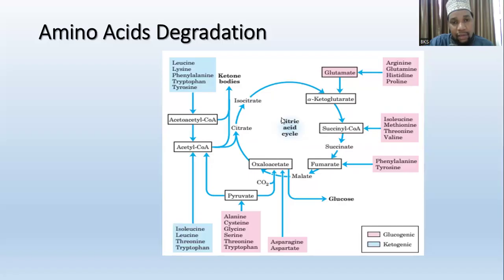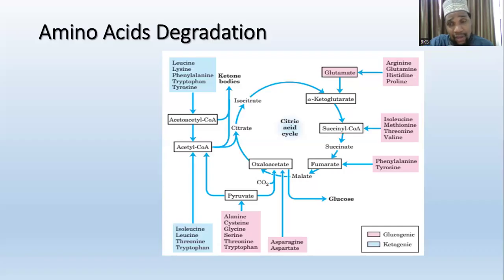In the citric acid cycle, you will know what is happening, how energy is produced as this thing is moving along the cycle, how reducing equivalents are being produced, and how these reducing equivalents are used for the production of energy. So now, if we have alanine, cysteine, for example, glycine, threonine being broken down, they can produce acetyl-CoA.